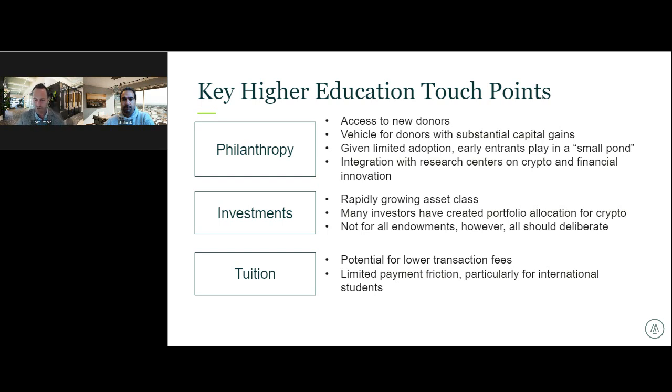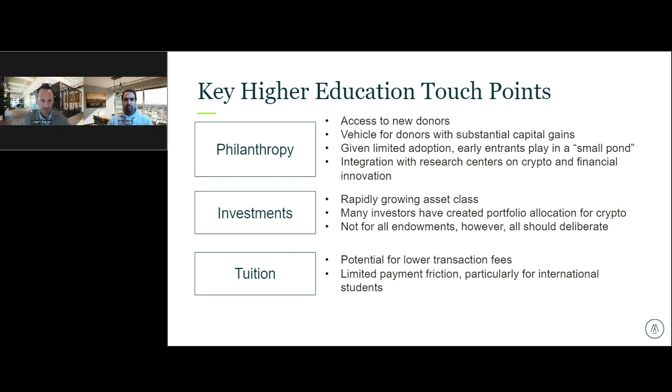This is an interesting area, particularly for higher education institutions that have technology programs, building crypto programs or innovation centers on campus. There's really a synergistic approach here to building philanthropy and training and connecting donors with those centers.